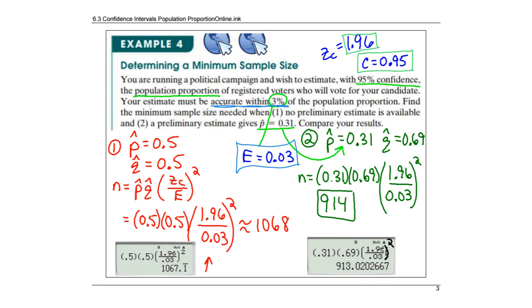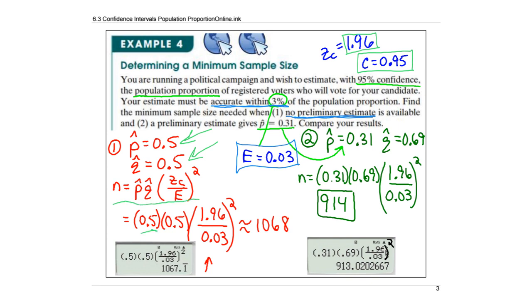So we're going to find two minimum sample sizes. The first one is if no preliminary estimate is given. In other words, they don't give us P and Q. And so if they don't give us P and Q, we're going to use 0.5 for both of those, right? The 50-50. So we're going to take our formula here for sample size.